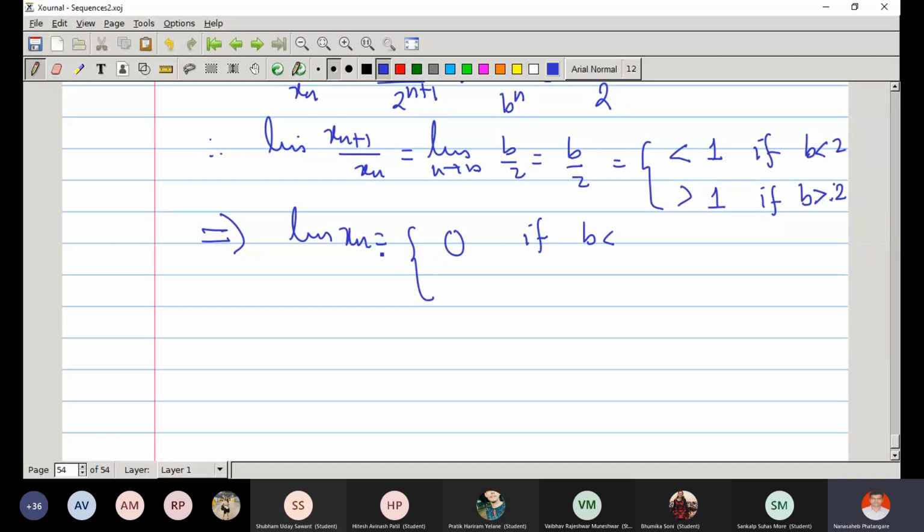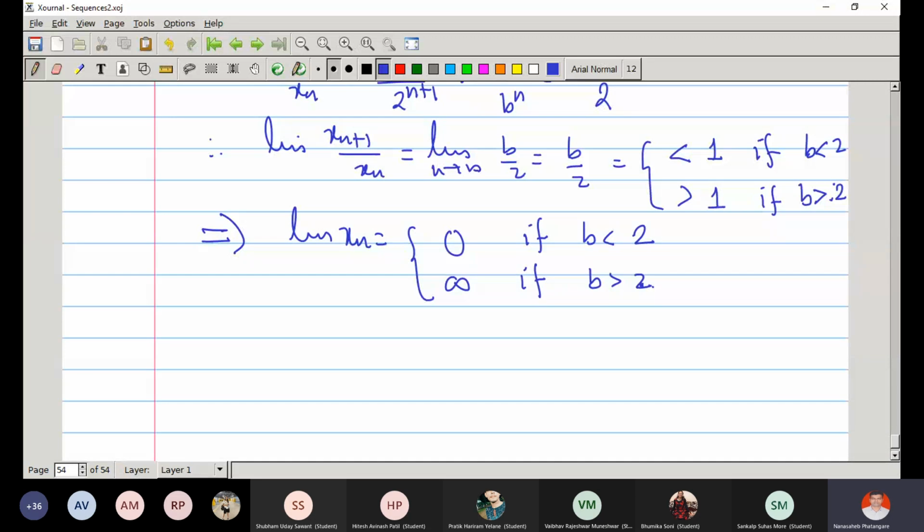So the limit of xn is 0 if the limit of xn plus 1 upon xn is less than 1, that means if b is less than 2, and this limit is infinity if b is greater than 2.